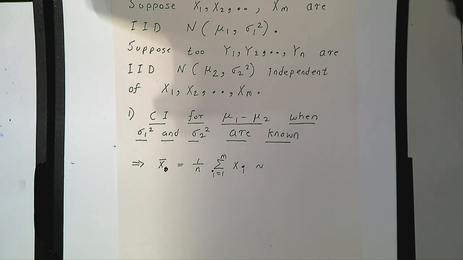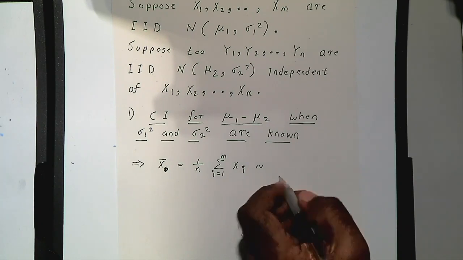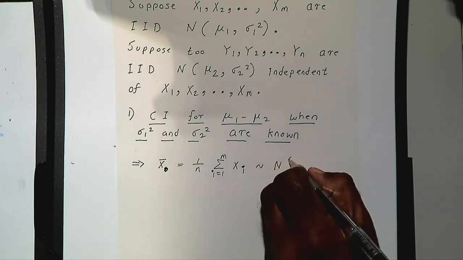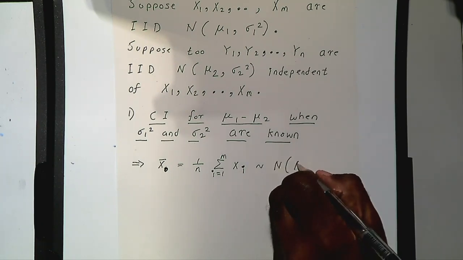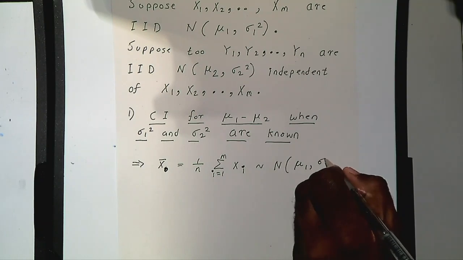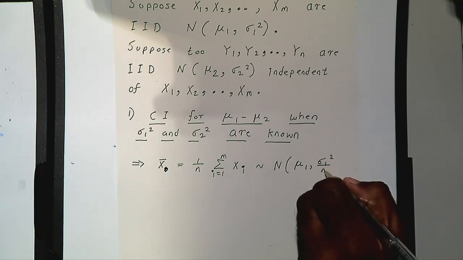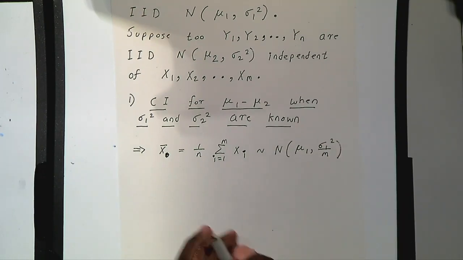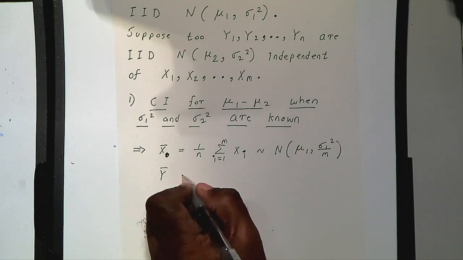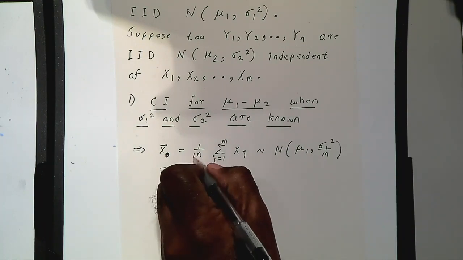Right? I mentioned this 100 times already. It will have the normal distribution with parameters mu1 and sigma 1 squared divided by m. Sorry, this is m, guys, m.